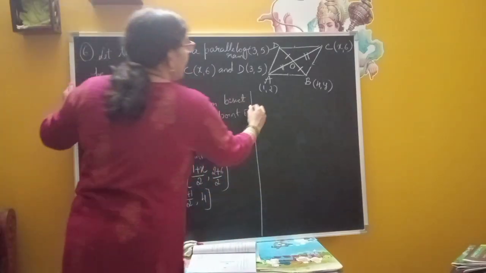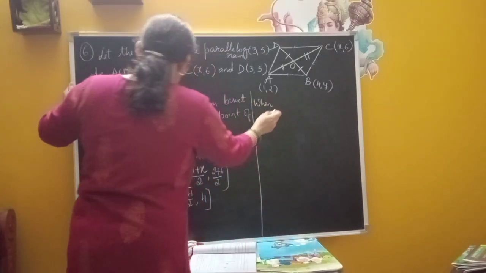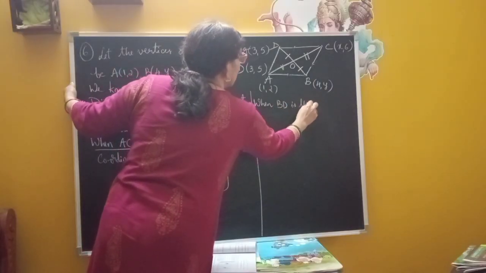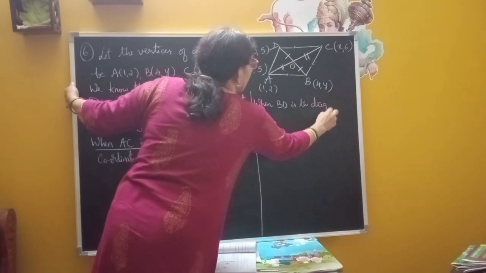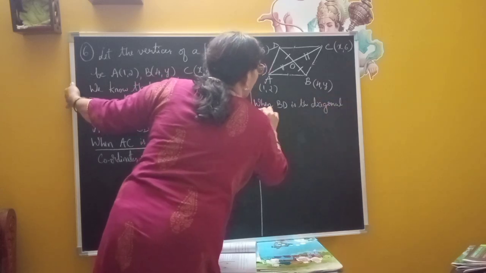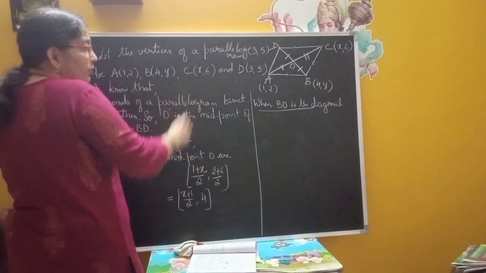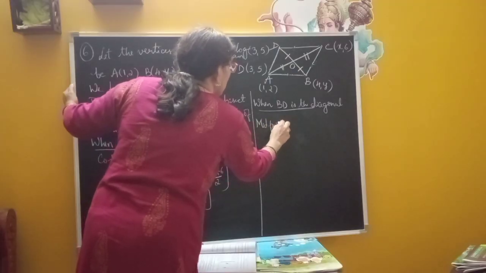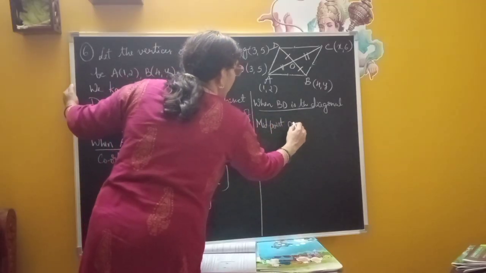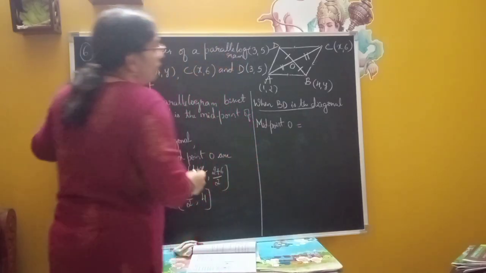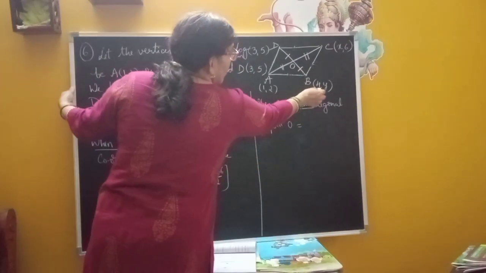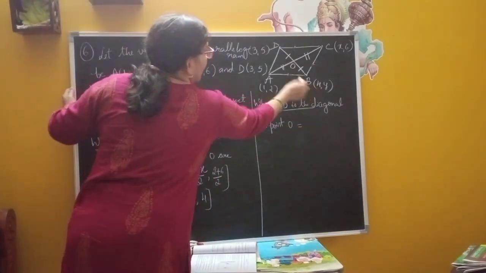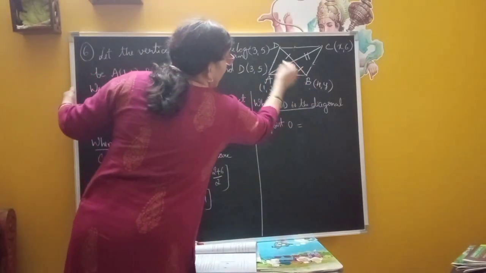When BD is the diagonal, the coordinates of the midpoint O are, with B (4, y) and D (3, 5), (x1 plus x2) by 2, that is (4 plus 3) by 2, and (y plus 5) by 2.